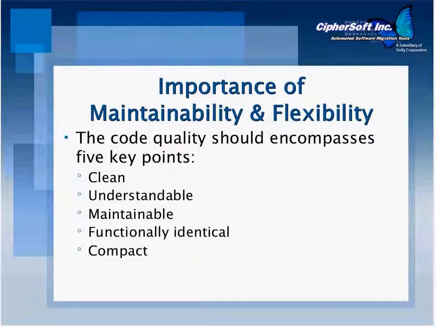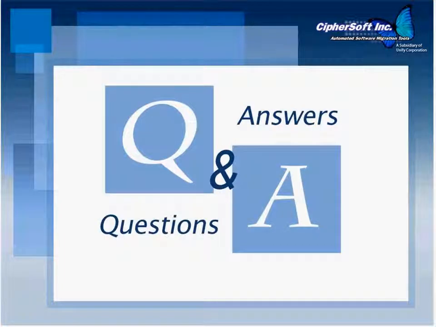You really have that flexibility to choose how you want that application to look with Exodus, at the same time that perhaps for some of your users you're having the same look and feel. And then compact. Your overall goal in going to Java is not to have something that's going to cause a bigger footprint or cause you problems in maintenance. So those are the really 5 key points for us in producing real good technology.